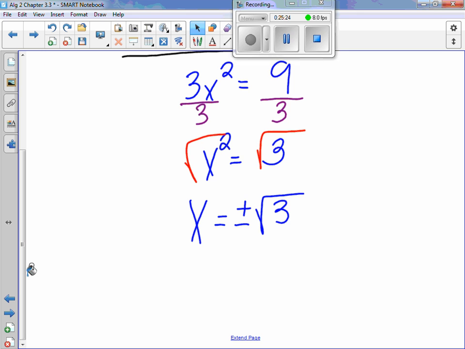Because if you remember back to when you simplified radicals in Algebra 1, you were really looking for multiples or factors of that number that were perfect squares. So seeing if 4 was a factor of the number, or 9, or 16, or 25, so that we could simplify them down. But this here doesn't, so it's just x is equal to plus or minus the square root of 3.